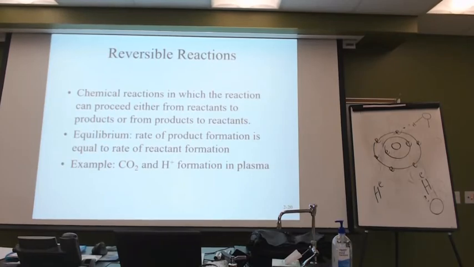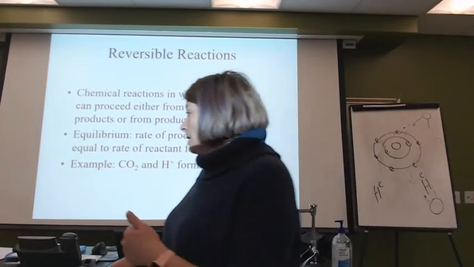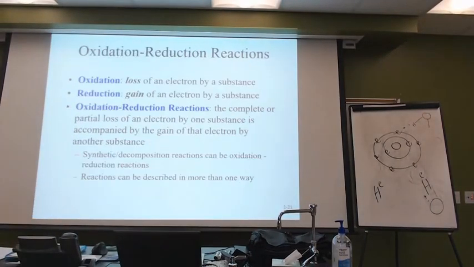So one of those reactions that can go back and forth involves water, and that helps keep cells in a healthy environment. As for those ions that form, I'm not going to spend a lot of time on this.